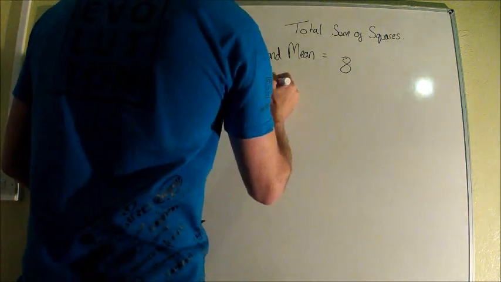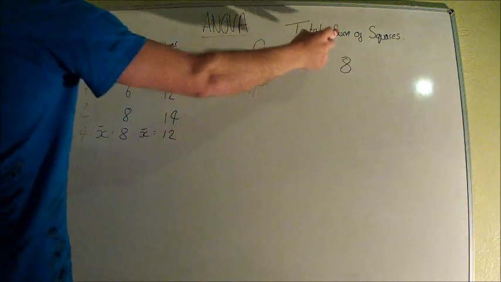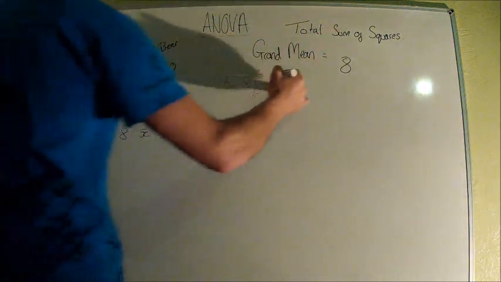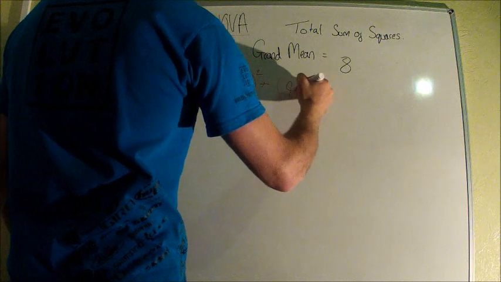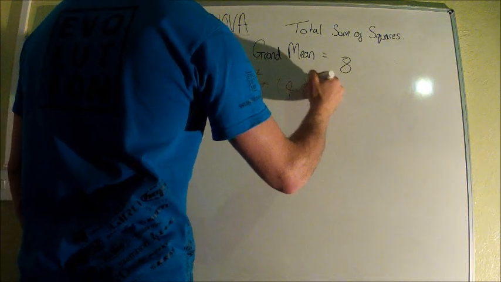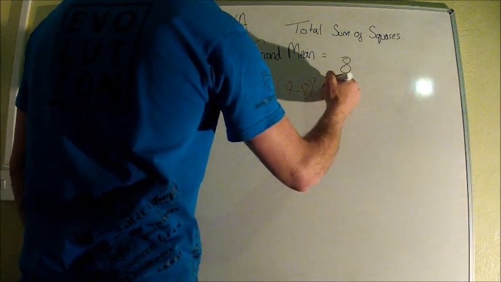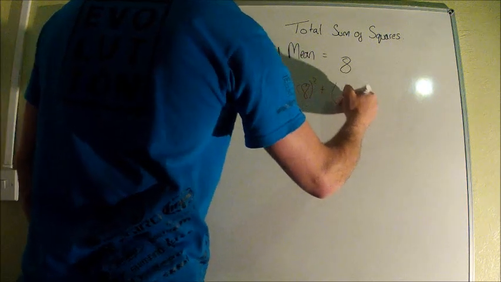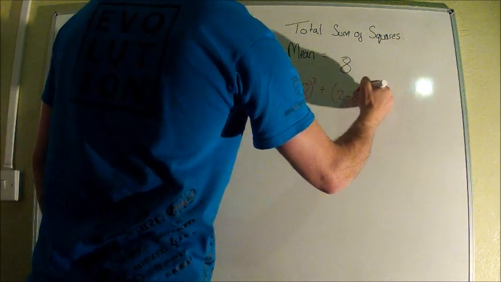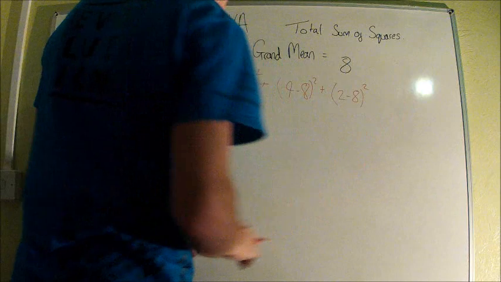Then we add to that, because it's the total sum, so it's the sum of all these numbers: 4, our next data point, minus 8 squared, plus 2 minus 8 squared.